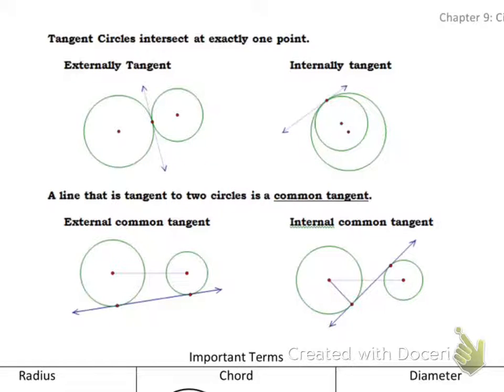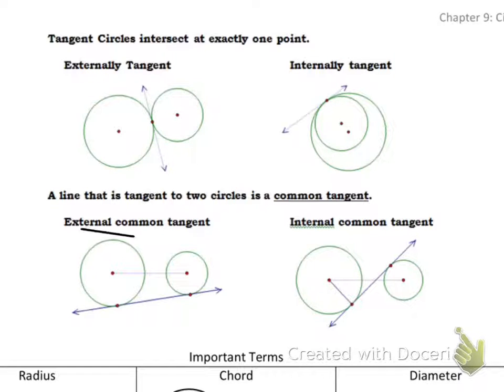They are external, so these 2 circles do not touch. This line hits each circle once and doesn't pass through basically what I picture as the center of these 2 circles. I call this kind of that center. So that's why it's external. Would this be external? Yeah, if it meets all the requirements.